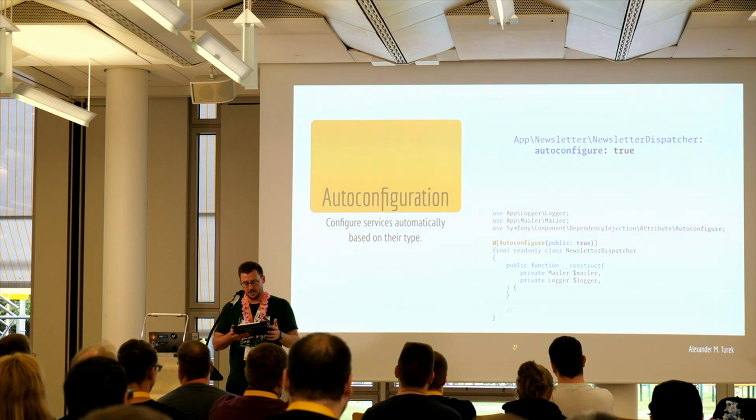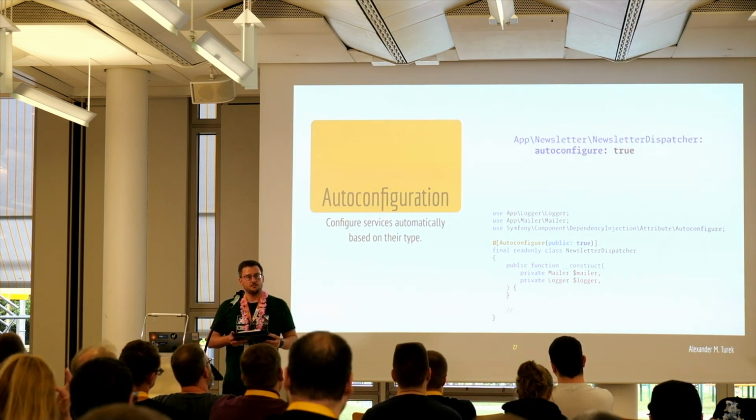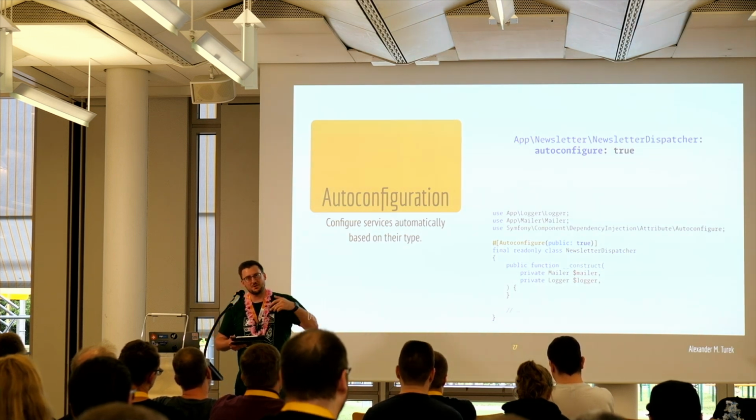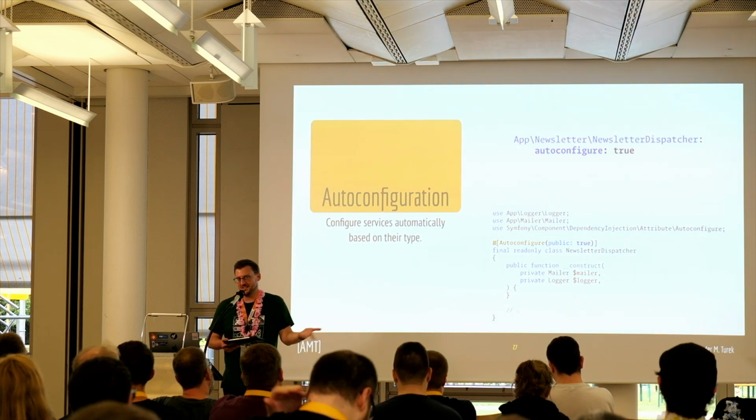So for instance, in this case, the newsletter dispatcher, I define it as public true. My explanation was a bit too complicated for this, because it's just a single class, and whenever it encounters this final class, it's only this class, right?